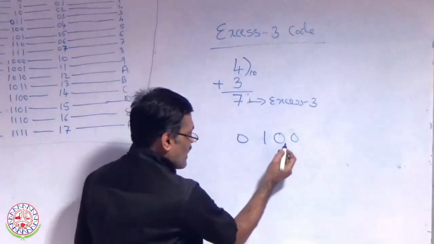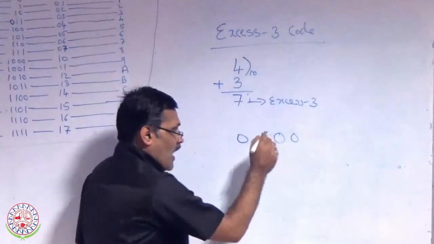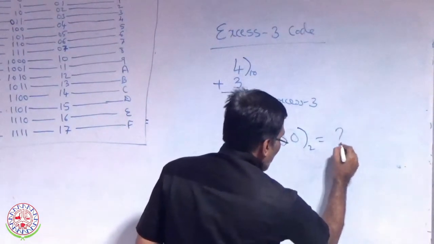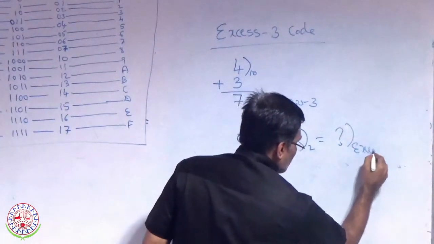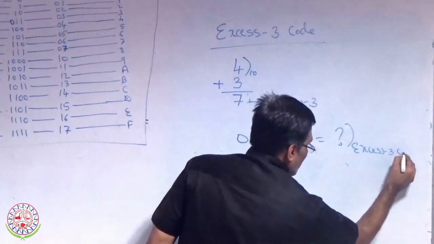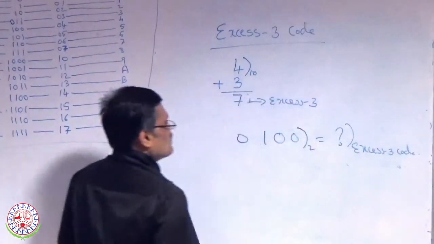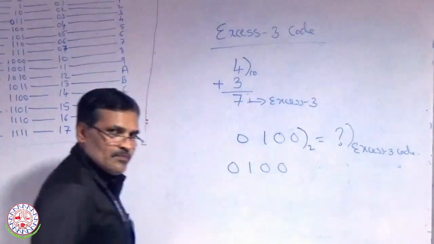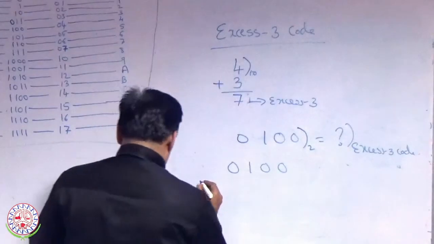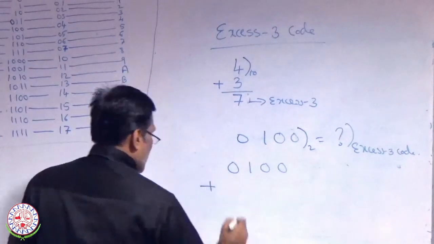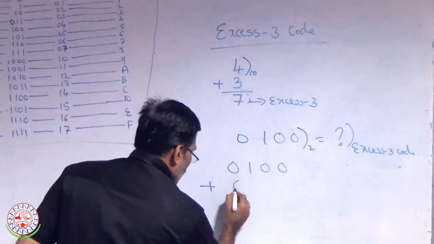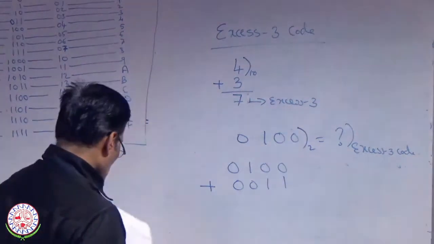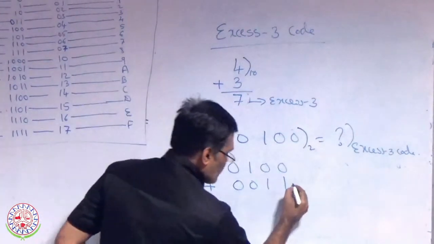So now this is the binary number, and you have been asked to generate an equivalent XS3 code. Write down the given binary number as it is. As I have told, you need to add 3 to the given number. The 4-bit binary of 3 is 0011.